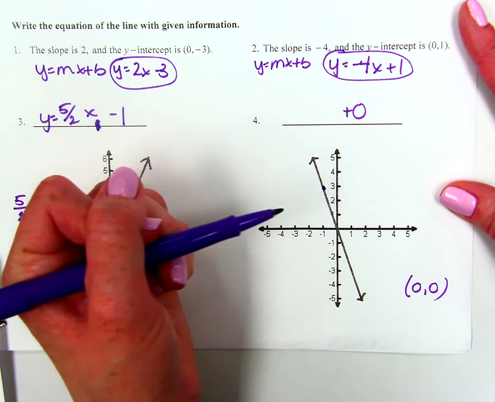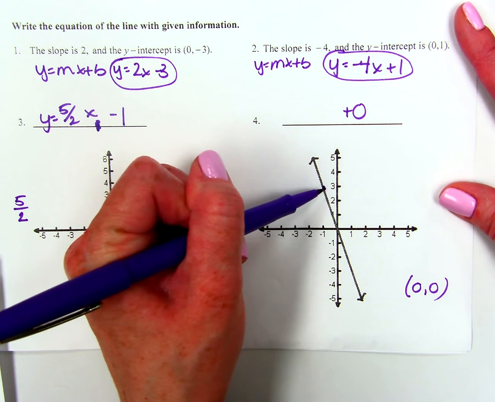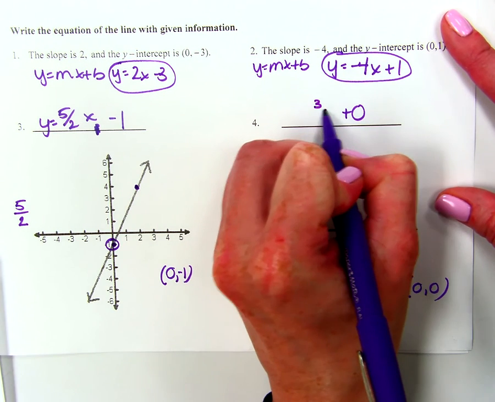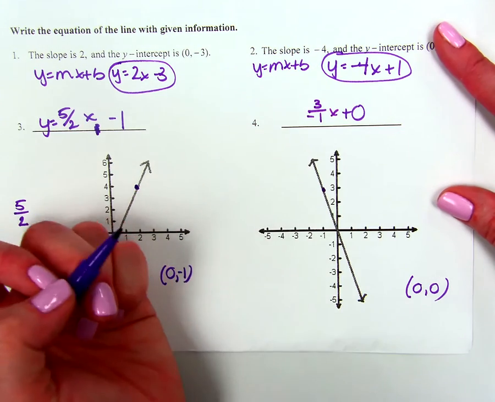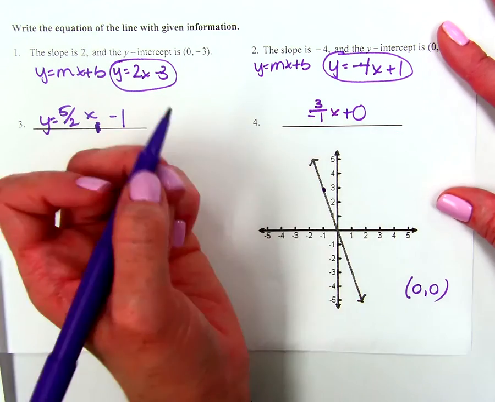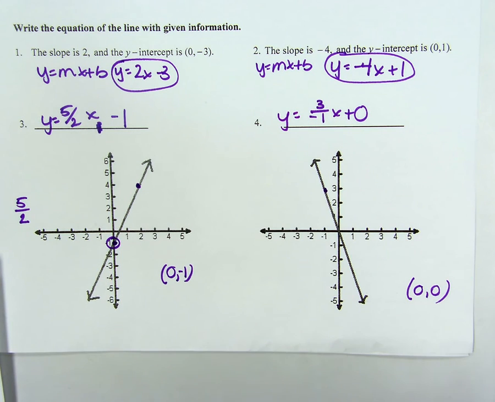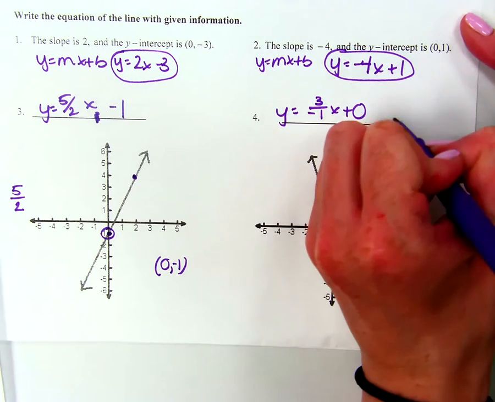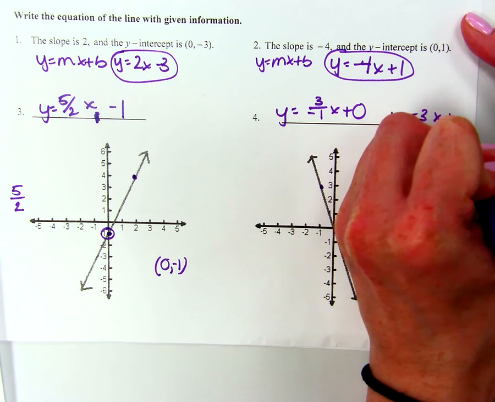Let's call this our slope right here: up 3, so 1, 2, 3, and to the left 1. So that would be 3 and a negative 1, so negative 3 over 1, or 3 over negative 1. So y equals negative 3x plus 0. You don't need the 1 there, but I wrote it in so you guys can see. It would be the same as saying y equals negative 3x plus 0.